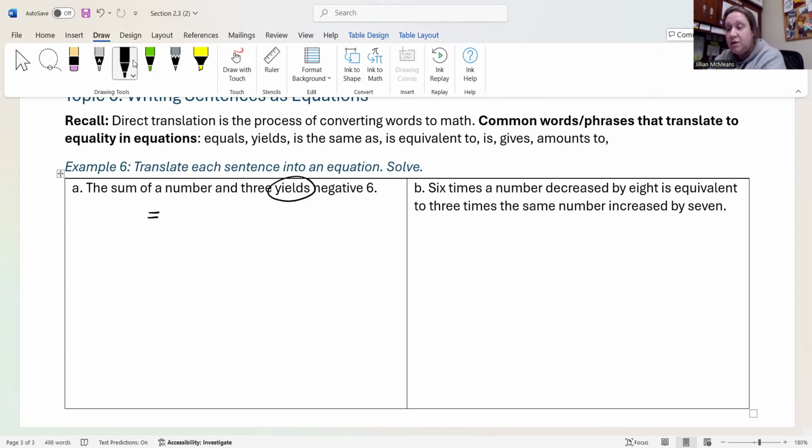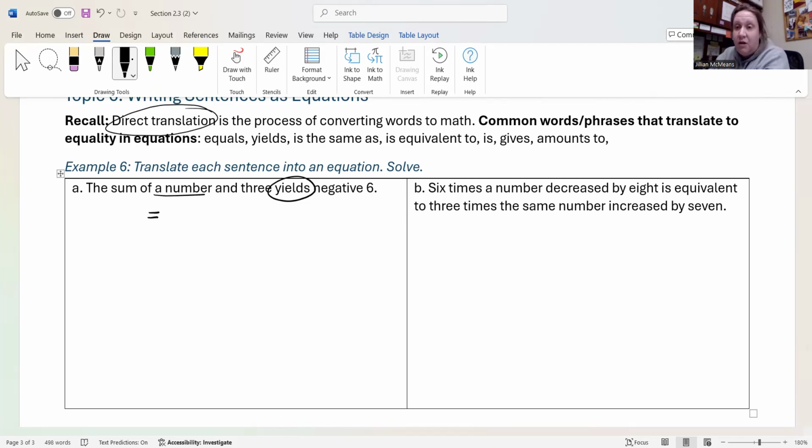Now, we also need to assign a variable. That's a big part of what we do with direct translation. We generally have to assign some kind of a variable, and you always assign the variable to what you don't know. If I go back and read this sentence, it says the sum of a number, I don't know what that number is. So the variable would need to be assigned to that number.